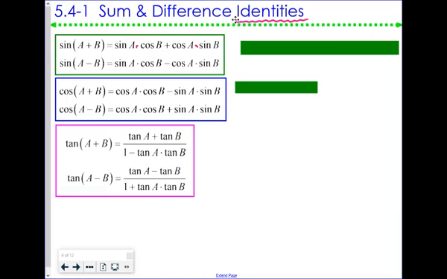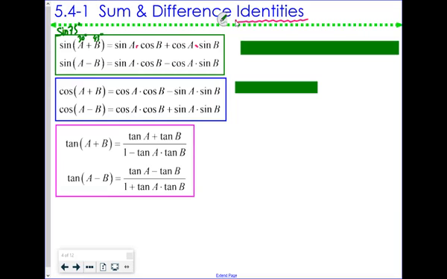How you would use them, say I wanted to find the sine of 75 degrees. I could say, I don't know 75 degrees, but I know lots of stuff about 30 degrees and 45 degrees. So the sine of 75 degrees is the same as the sine of 30 plus 45.